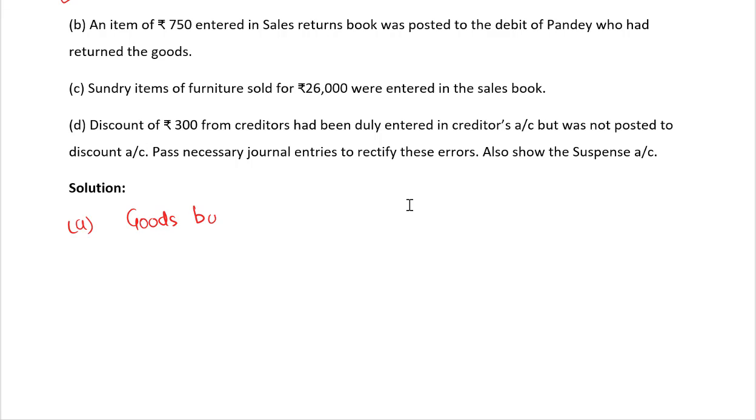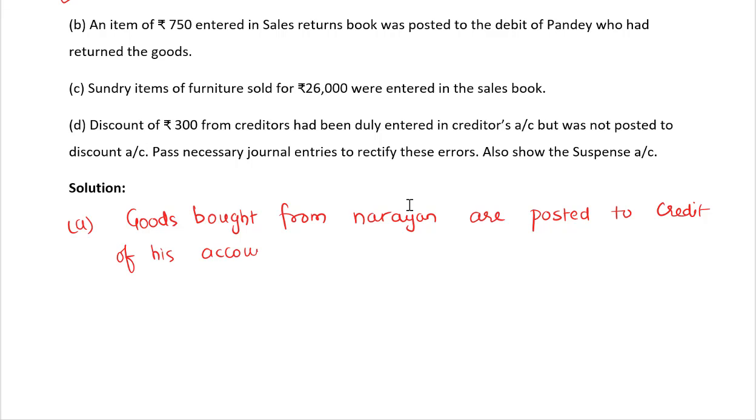Goods bought from Narayan are posted to credit of his account as 5500 instead of 5000.